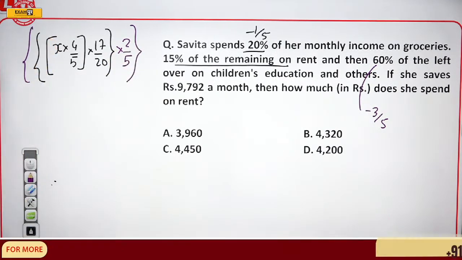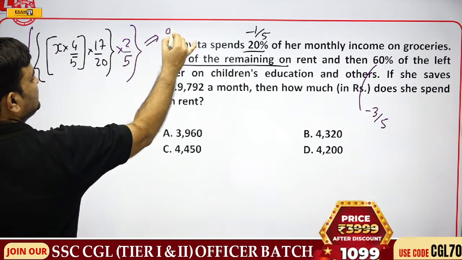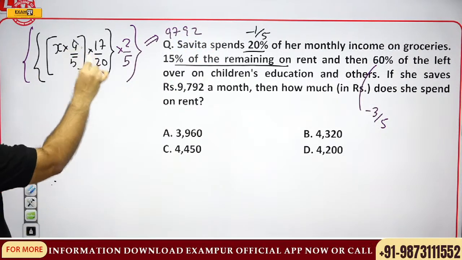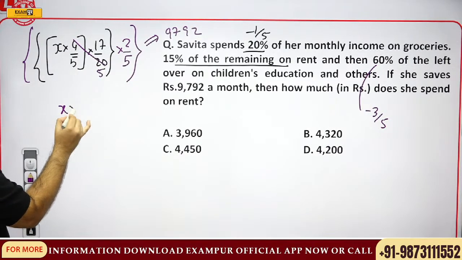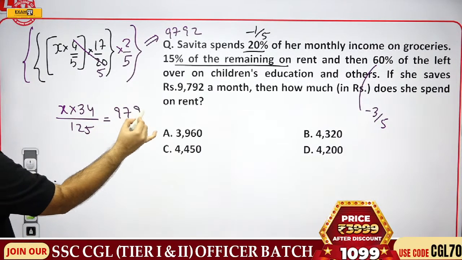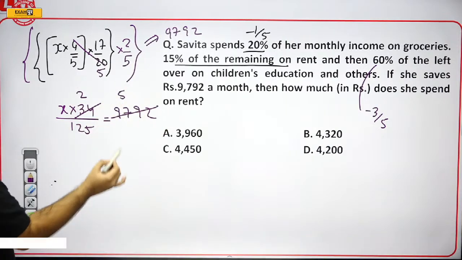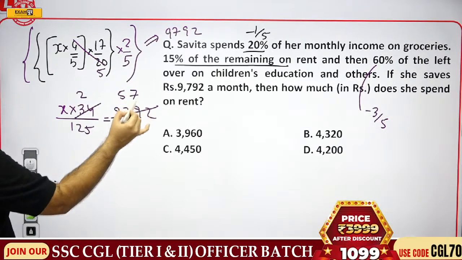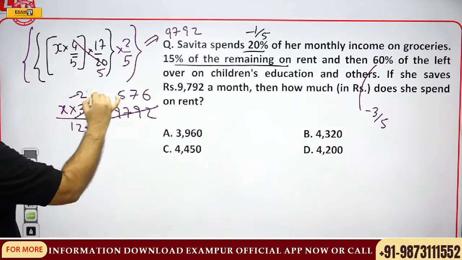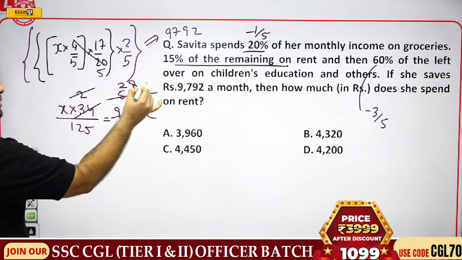So this much is his savings: 9792. X into 34 over 125 is equal to 9792, so X into 34 is equal to 125 into 9792. The 17 table is easy, 2 times. 17 times 5 is 85, 17 times 7 is 119, 17 times 6 is 102.